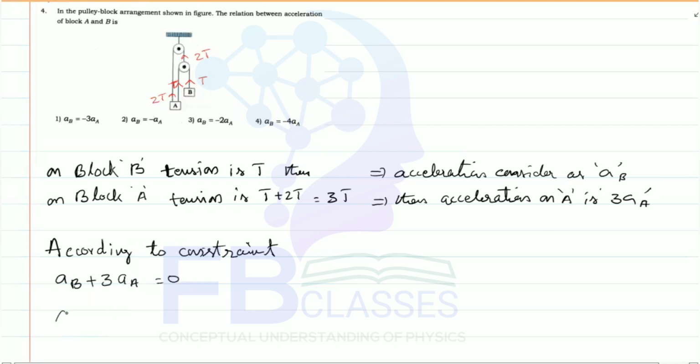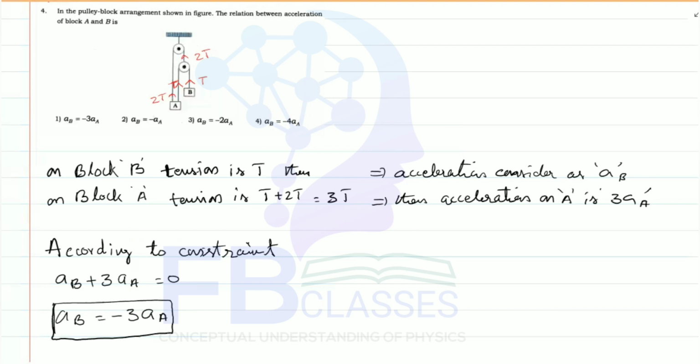So now AB is equal to how much, my dear? Minus 3AA. So that is our answer. So in the given options, the first option is the correct answer. Hope you understand, students.